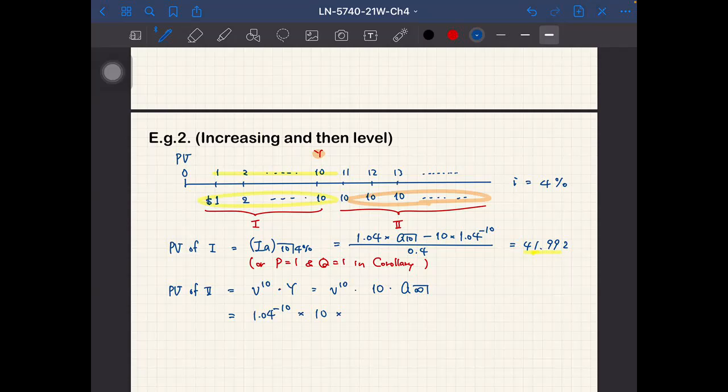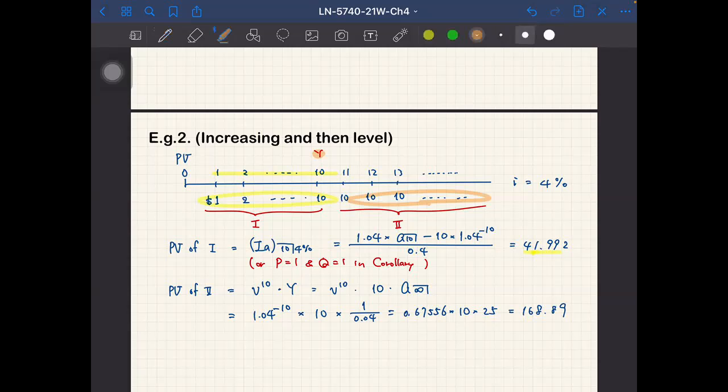But a angle infinity is 1 over i, so 1 over 0.04, that is 25. Finally, we can calculate it: 0.67556 times 10 times 25, and this becomes $168.89.